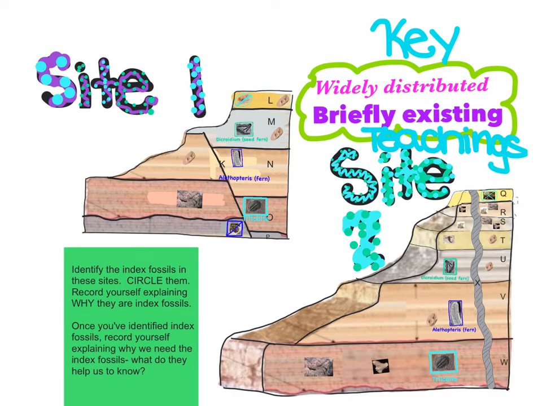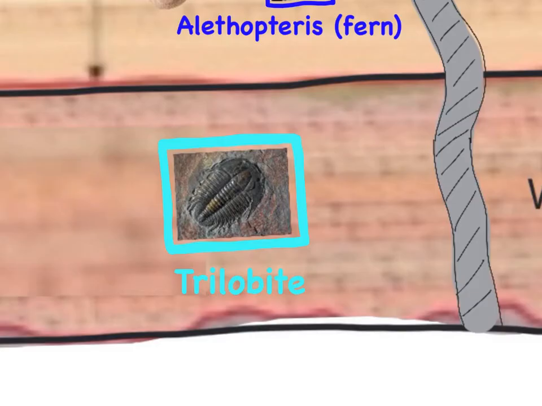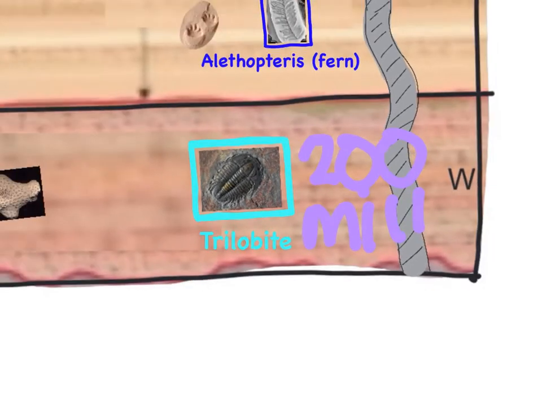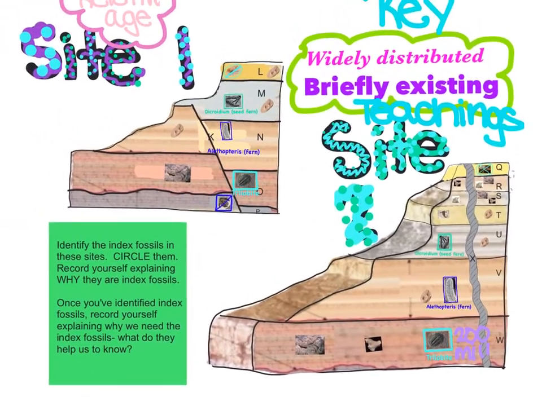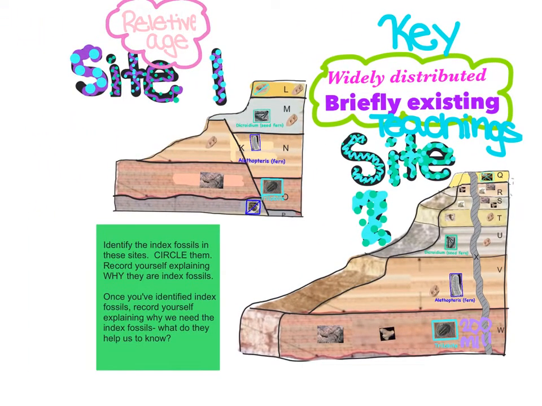Index fossils are important because they help us, meaning geologists, to find the relative ages of other rocks around them and the relative age of the rock layer the index fossil lies in. An example of this may be if a fossil is 200 million years old, and it is widely distributed and briefly existing, it will be an index fossil.